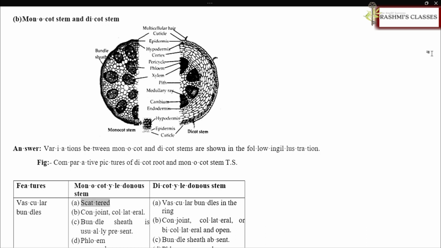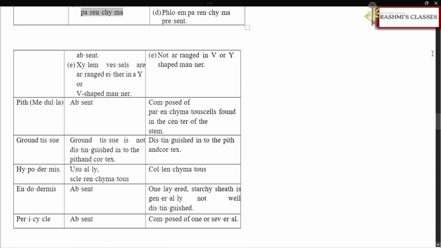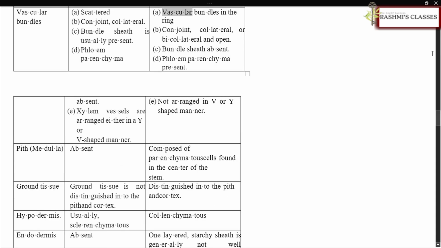Scattered. Conjoint, collateral. Bundle sheath is usually present. Phloem parenchyma. Vascular bundles in the ring. Conjoint, collateral or bicollateral and open. Bundle sheath absent. Phloem parenchyma present.